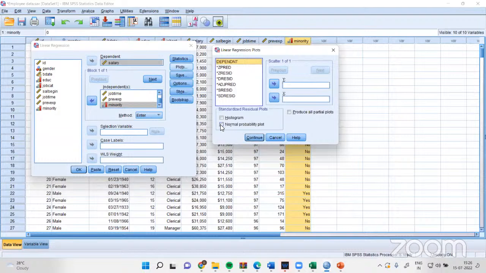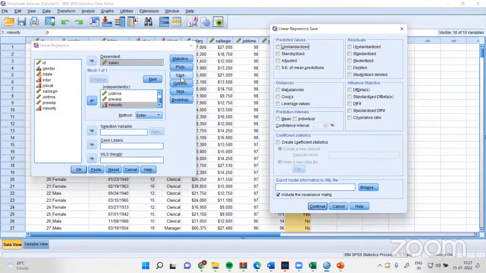Click on histogram and normal probability plot here in plots. Continue.